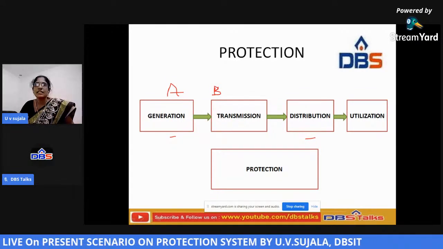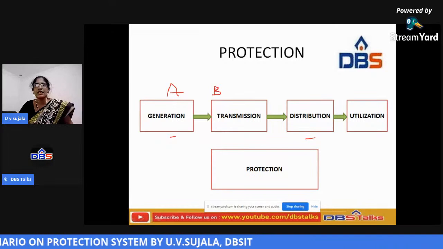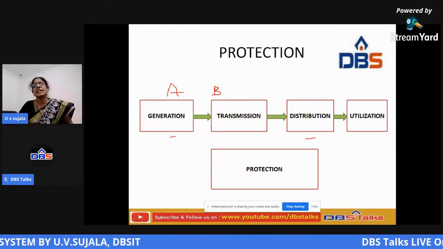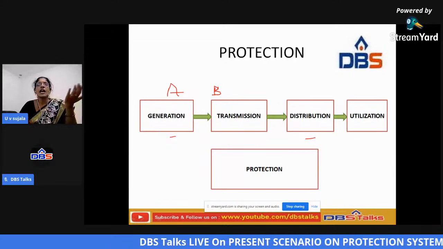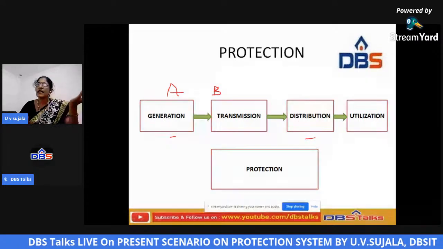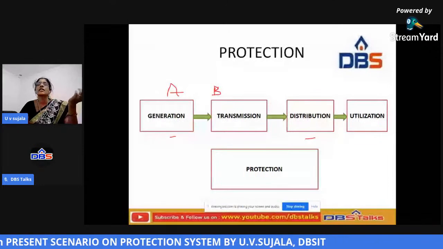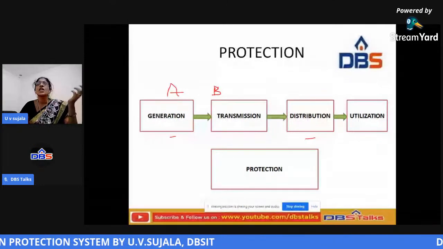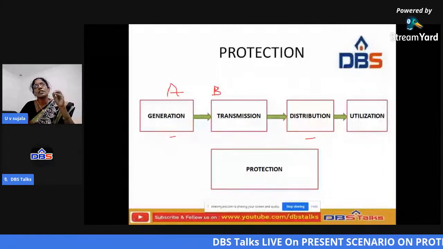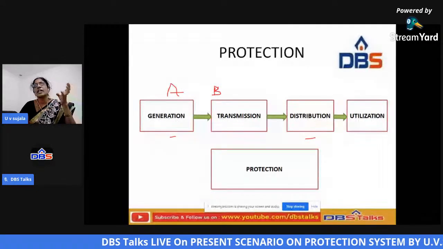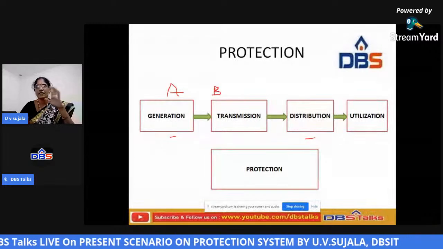We use switchgear units and devices. Under the switchgear devices, there are circuit breakers, relays, CTs (current transformers), and PTs (potential transformers). Like that, different devices are there. We have to protect the total power system by using these devices.